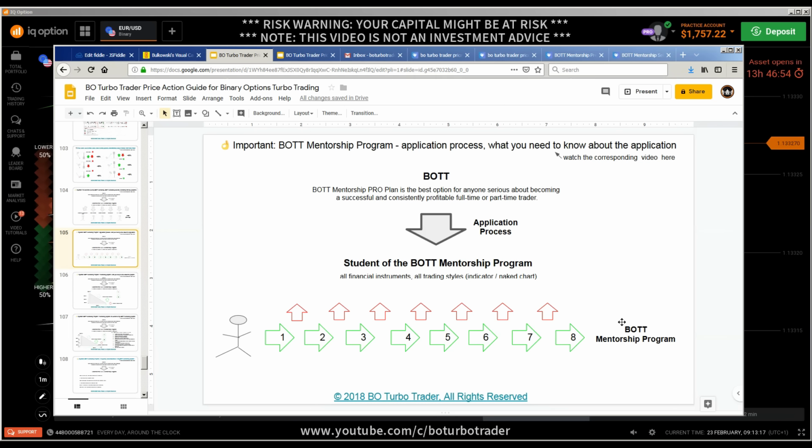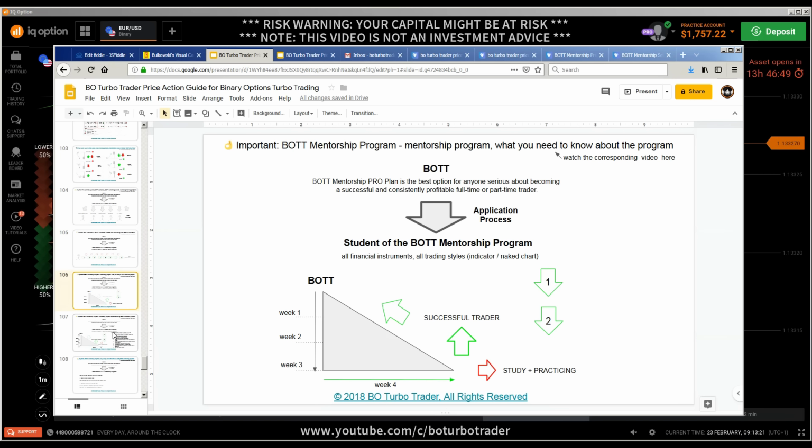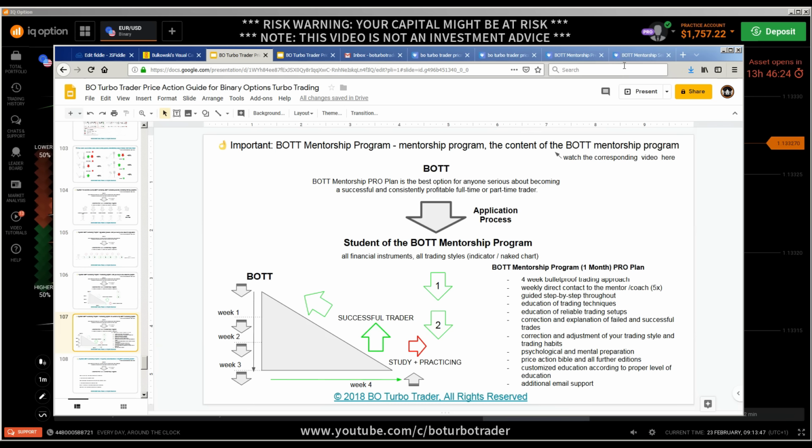If you are in the program, then starts this 4-week bulletproof trading approach, like a forge where a successful, profitable trader is crafted. That is what the self-study pack is about.